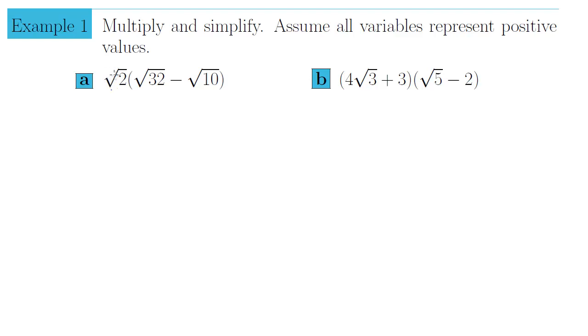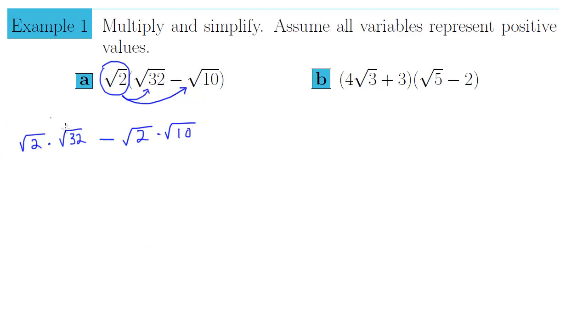We have the square root of 2, and we're supposed to multiply that by root 32 minus root 10. When you have a single square root being multiplied by a difference or a sum of square roots, the idea is to distribute. So this product is going to become root 2 times root 32, when you distribute the root 2 to the root 32, minus root 2 times root 10.